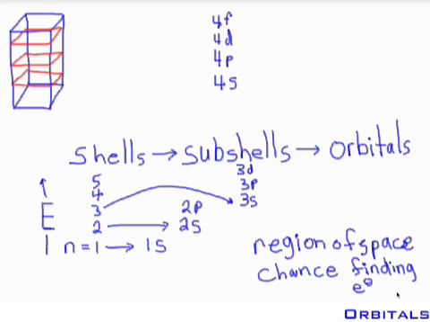And this suggests that if you want to know where there's a 100% chance of an electron, well, there's a chance of finding the electrons in the atoms in your body outside of our solar system. Now, that chance is extremely small, because as soon as you put in 95% or 99%, it shrinks way down to the size of an atom. Okay. So orbitals are defined as a region of space where there's a chance of finding the electron.